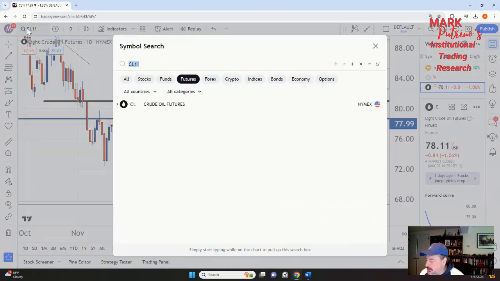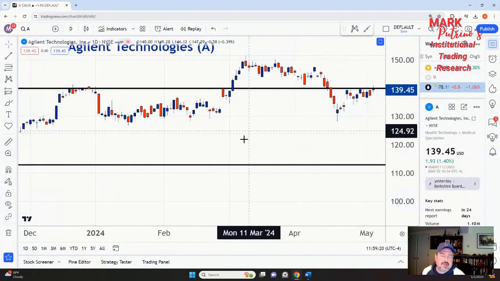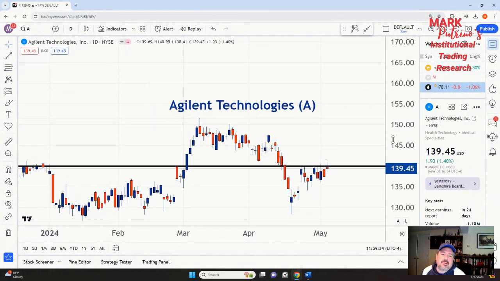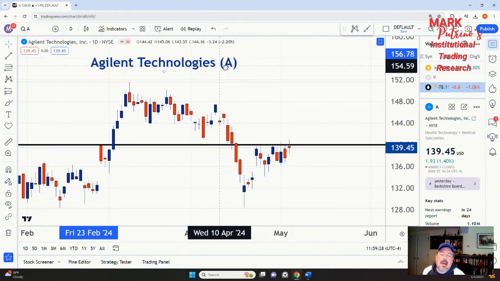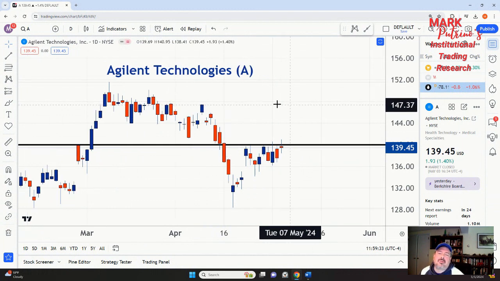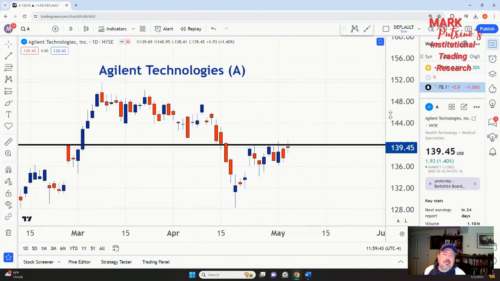Now, if we look at Agilent, you can see the same pattern has formed. Remember, when we look at these different charts, whether it's a stock or a commodity or a crypto or a bond, we see similar patterns on the different charts. That's because the people that trade oil and the people that trade Agilent or crypto are different people, but they all have the same emotions.